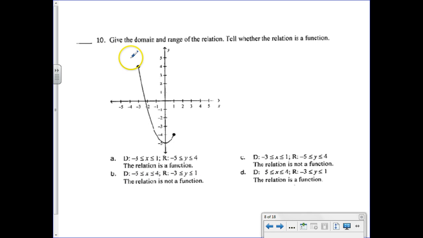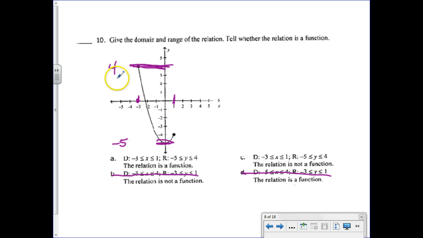Number 10, here's another one. Now this is a little easier to see. Take a look. On the x-axis, you are going anywhere from negative 3 to positive 1. Now I see that B doesn't work and D doesn't work. My y values, the highest point I achieve is a 4, and the lowest value I achieve is down here at negative 5.